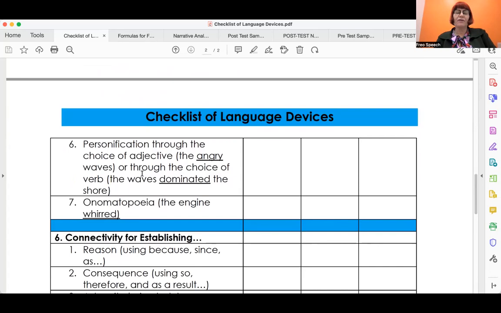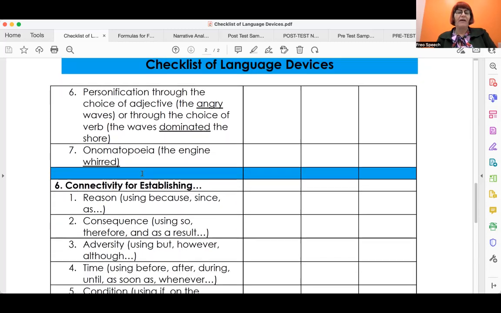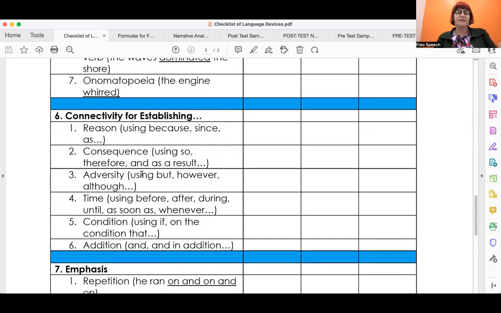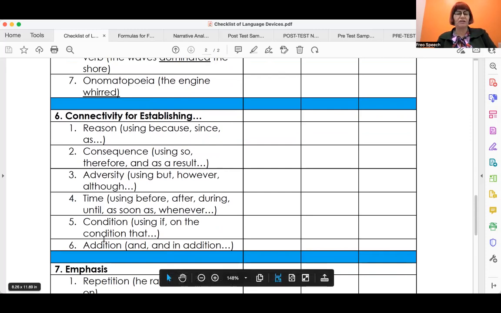Personification through the adjective or the verb, and onomatopoeia. And then all those devices for connecting ideas, using connectors for reasoning, consequence, adversity, time, condition, and addition.